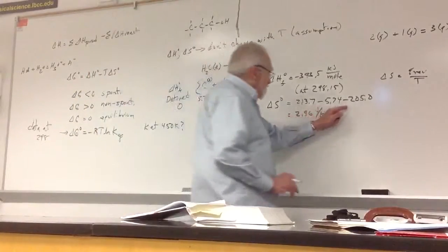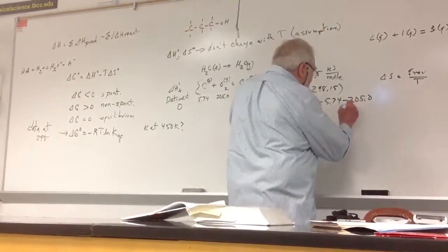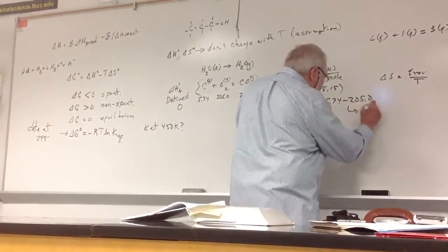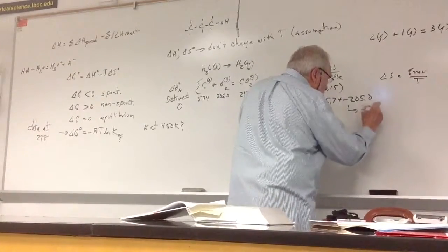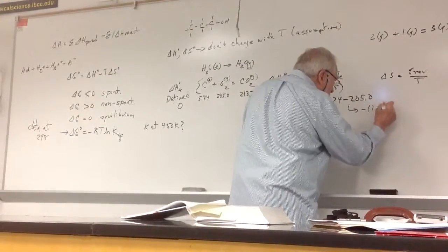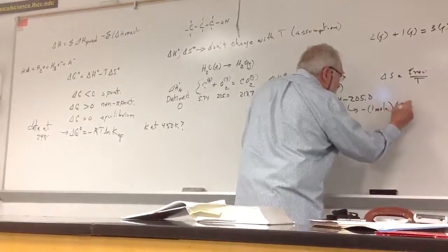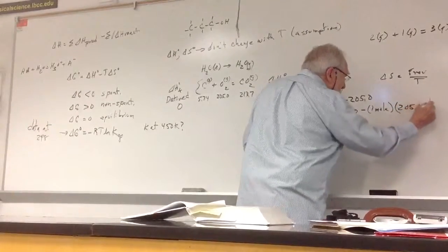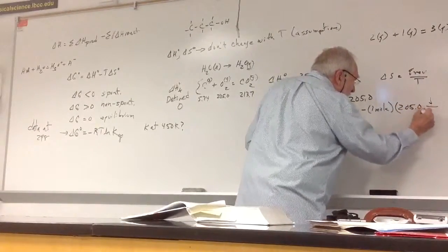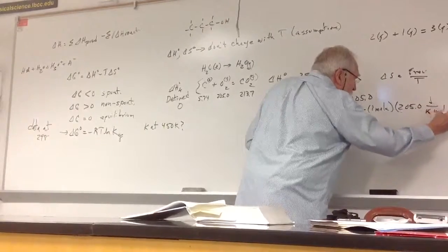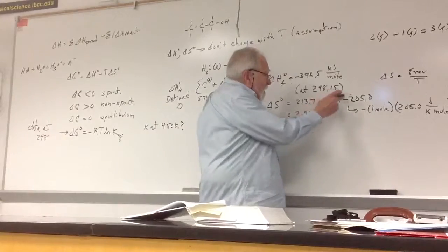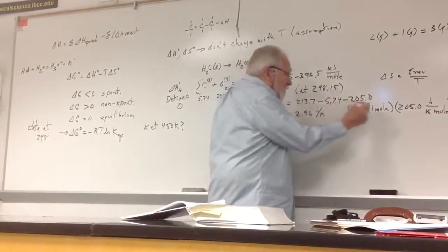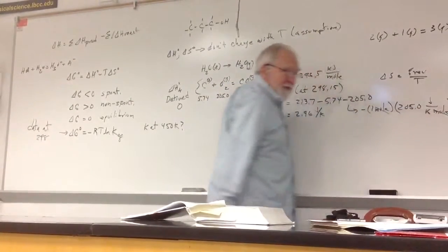Why isn't it mole? Why isn't it that? Because when I calculated this the other day, in other words, when you're doing those products minus reactants, you're always multiplying by the coefficients. You got rid of the moles.